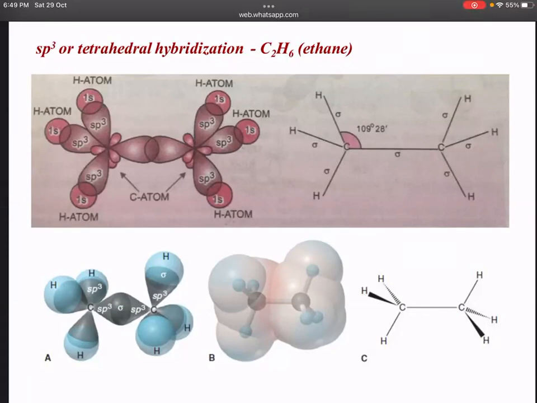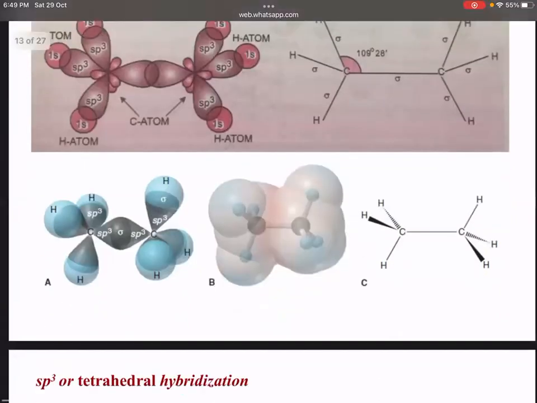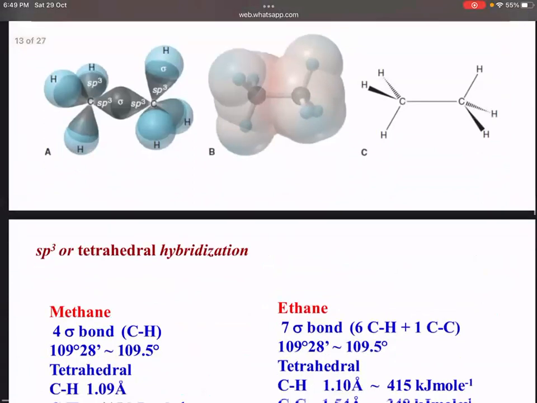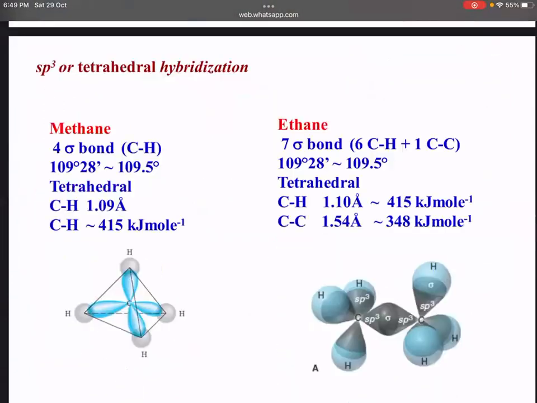Among the 7 sigma bonds, 6 are carbon-hydrogen sigma bonds and 1 is a carbon-carbon sigma bond. So this is different from these 3. Am I right? Okay. So it has 4 bonds, with a bond angle of 109.5 degrees, tetrahedral, and the bond length becomes 1.09 Angstrom.